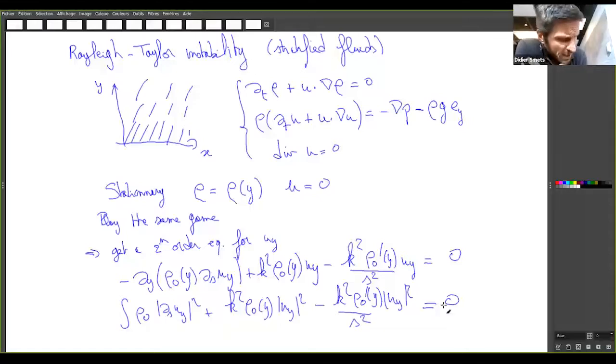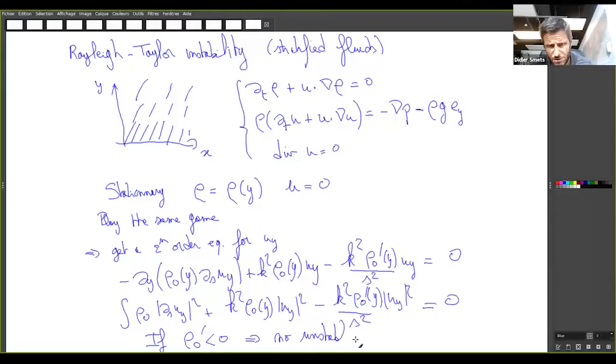Again, we will look at the imaginary part of this equation and deduce that if rho 0 prime is negative, then there is no unstable mode. Okay, so why? It's maybe a little bit more intricate because you have this s squared here. So we should look maybe both at the real and imaginary part.